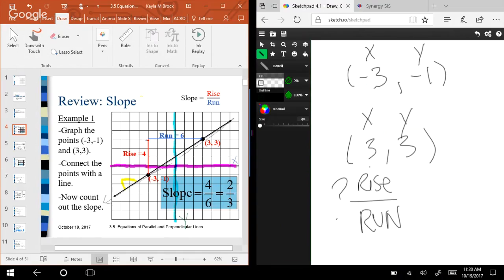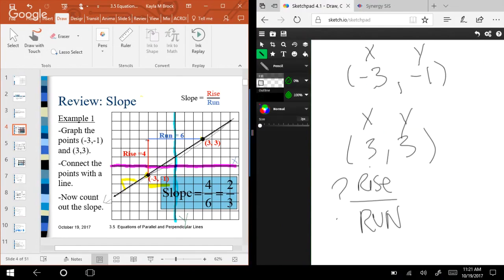However, if you pick a point on the line that you know goes exactly through an integer on the x-axis and an integer on the y-axis, with no decimals or anything, it makes it a lot easier. So you pick your point here and your point here because those are good numbers to pick.